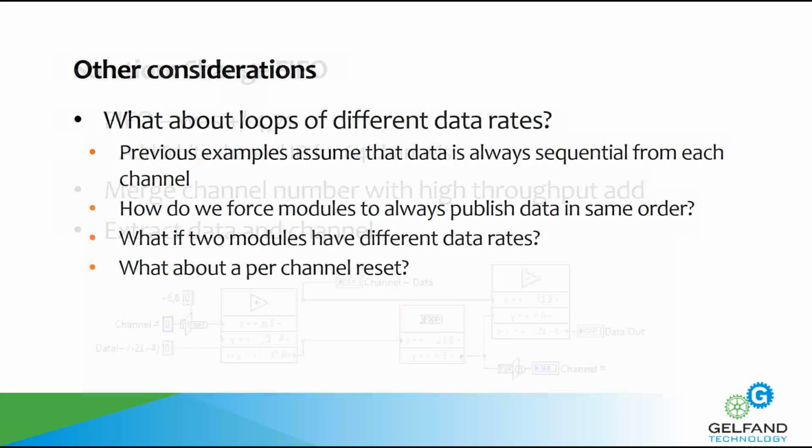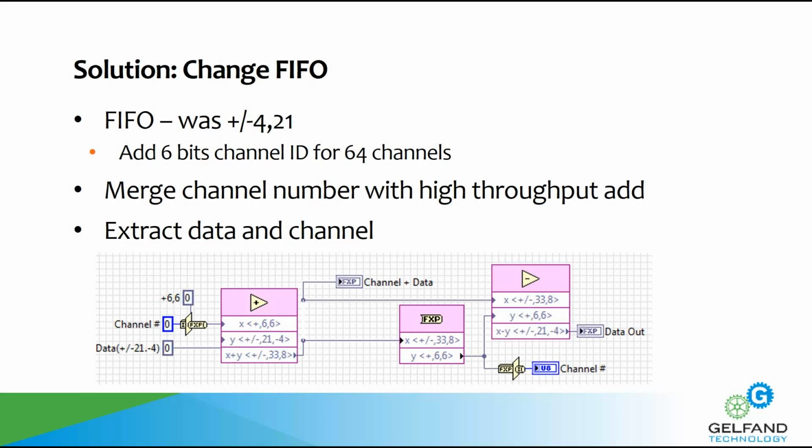So what I did here was I changed my FIFO. The FIFO was plus or minus 421, which was great for my 0 to 21 milliamp signal. What I did was I added a plus 6 data block that gave me my channel number.